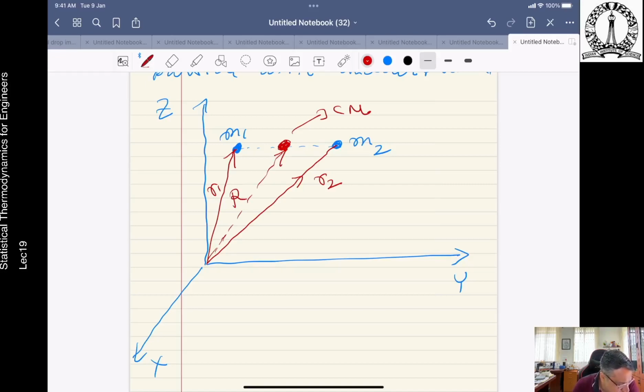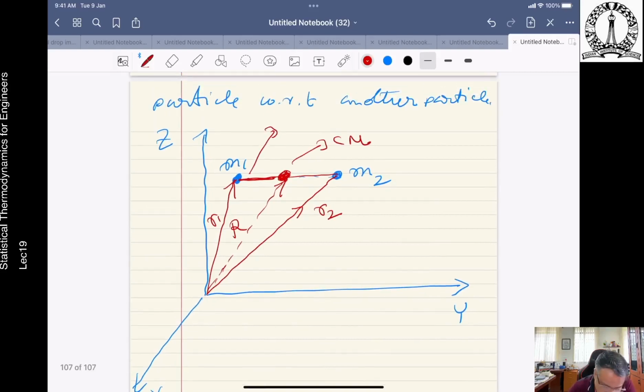So if I join this particular, right, this is how the center of mass is located. With r being the total distance, this part is therefore written as m2 by m1 plus m2 into r.